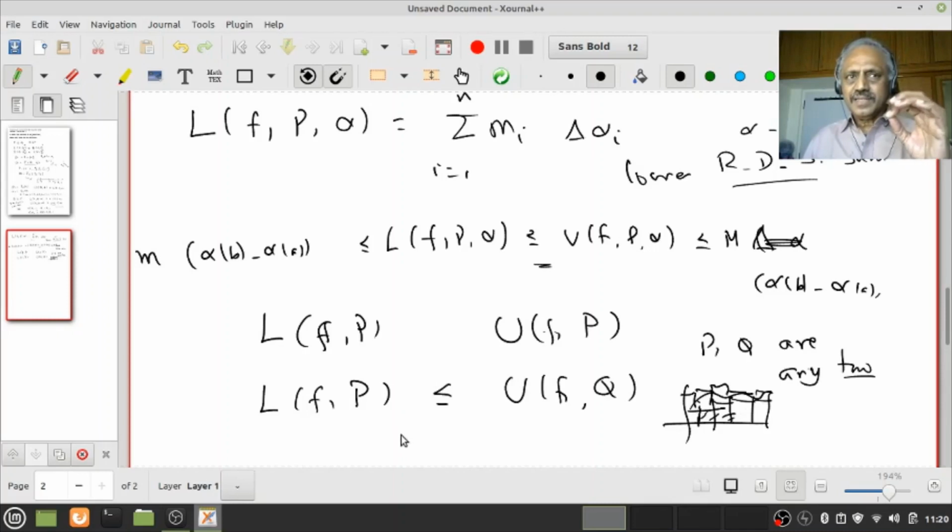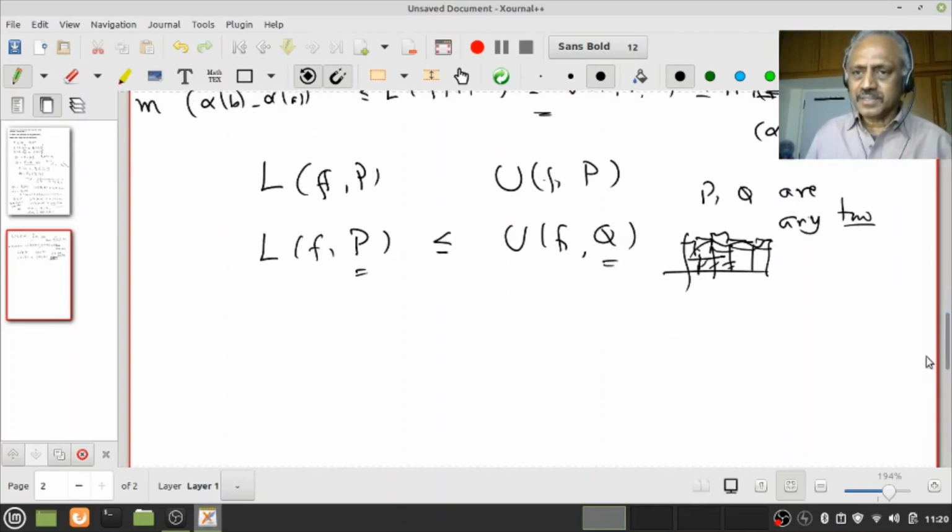Yes, the lower sum of the function with respect to any partition should be less than or equal to the upper sum of the function with respect to any partition. Remember, P and Q are arbitrary. The geometry suggests this must happen. So we want to prove that it does happen. Do you understand this?